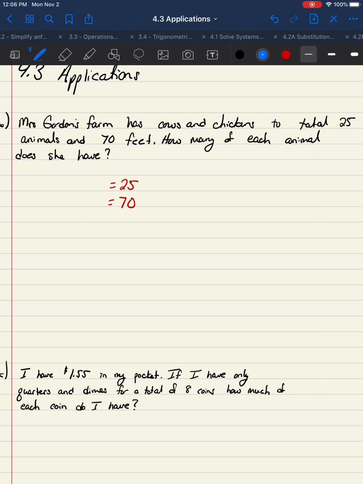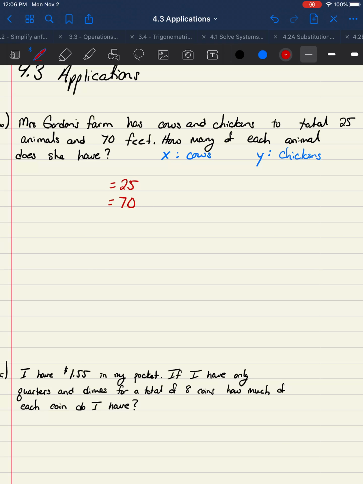I need to decide what are those variables going to be. So maybe let's use X and Y. Well, what are we talking about in this problem? We're talking about cows and chickens. So I'm going to make X be the number of cows I have and Y be the number of chickens I have. Okay, that way when I solve for one of these variables, I know which one's which.